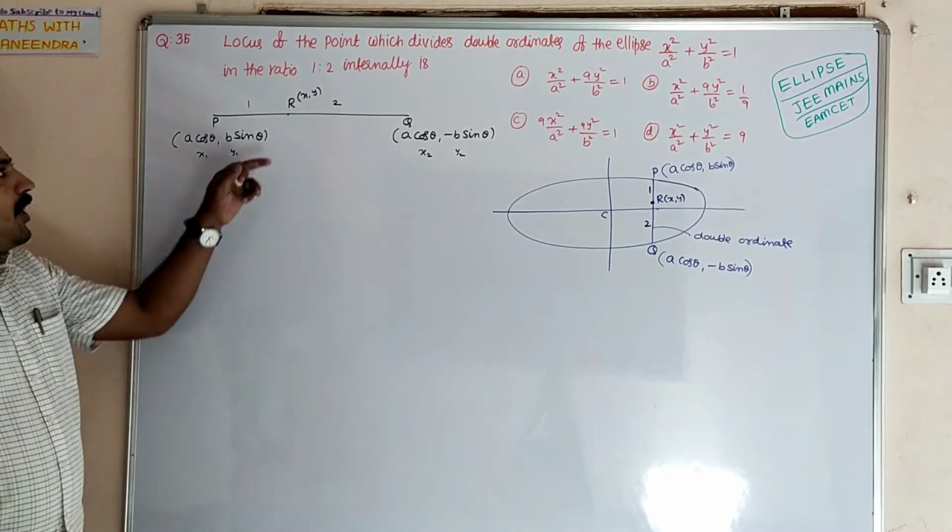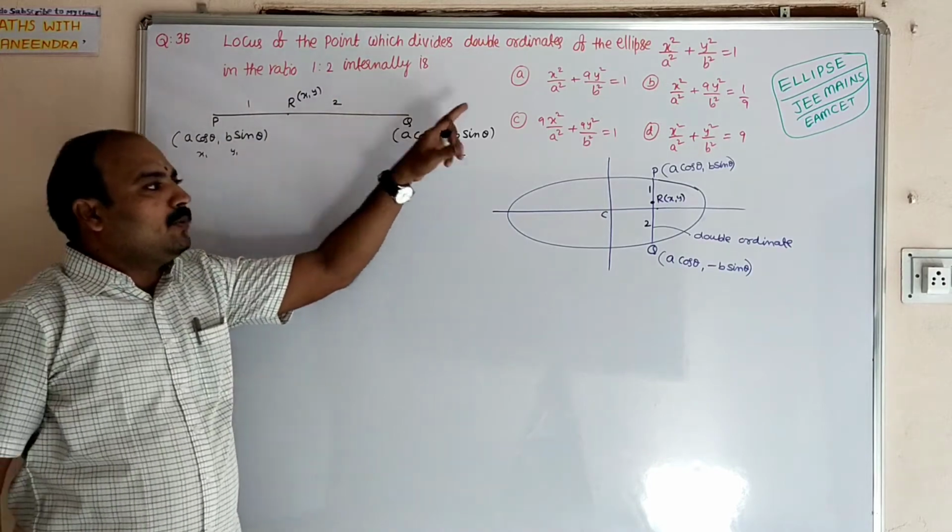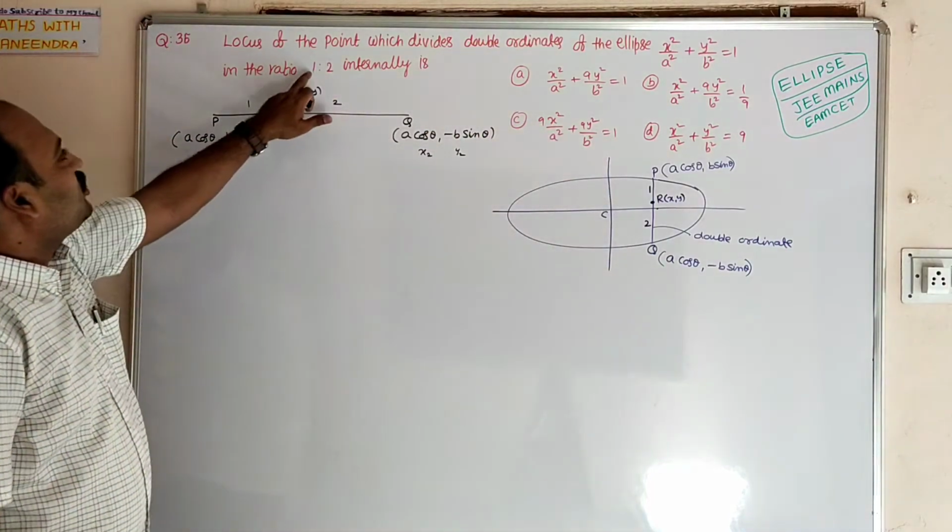So the point R which divides PQ, PQ means what? Double ordinate. It divides in the ratio of 1:2.